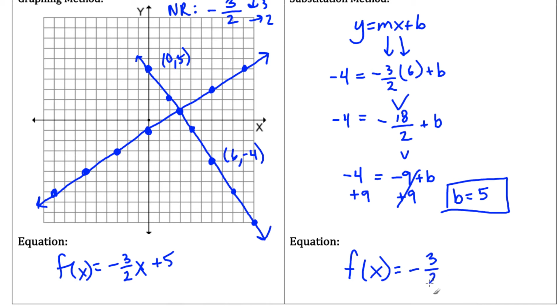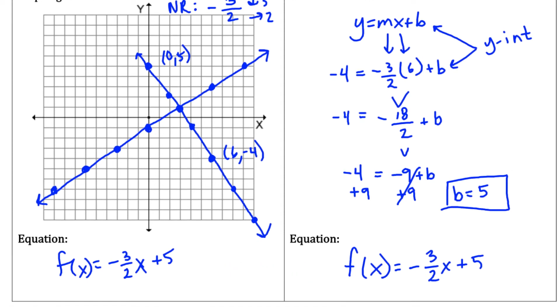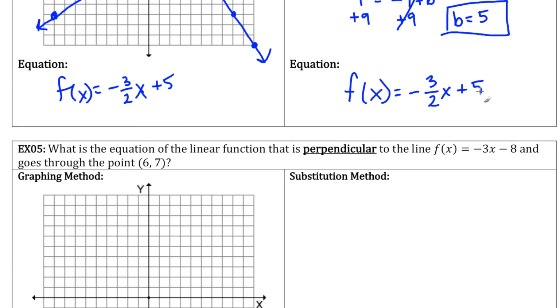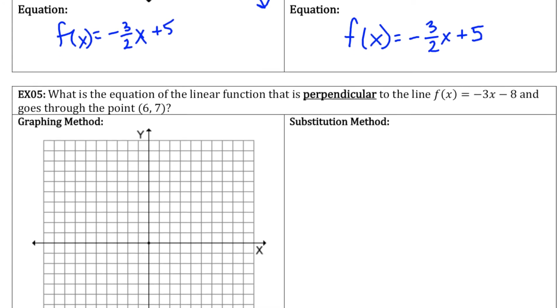And when I solved for my b, my y-intercept, which I didn't know, I found it at the end, which was 5. And lo and behold, these two are the same, and they should be the same. It's just a different way of getting the same answer.